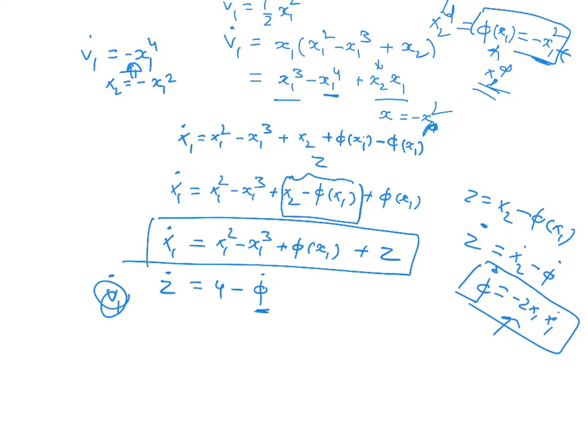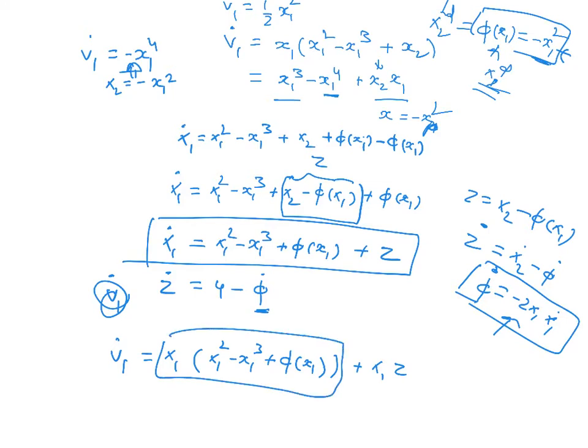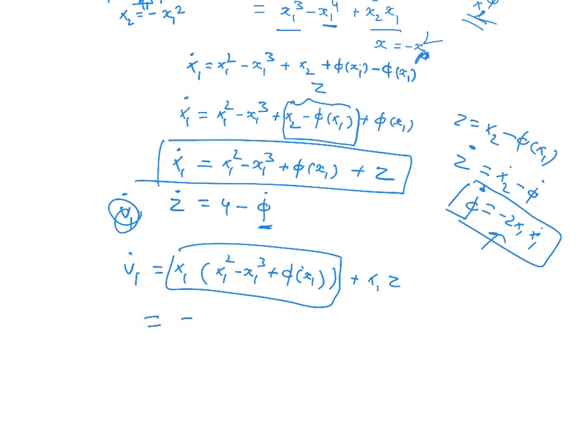So if I write my V1 dot again, x1 dot is x1 squared minus x1 cubed plus phi of x1, plus x1 z. If you put phi of x1 equals minus x1 squared, this is nothing but minus x1 to the 4 plus x1 z.